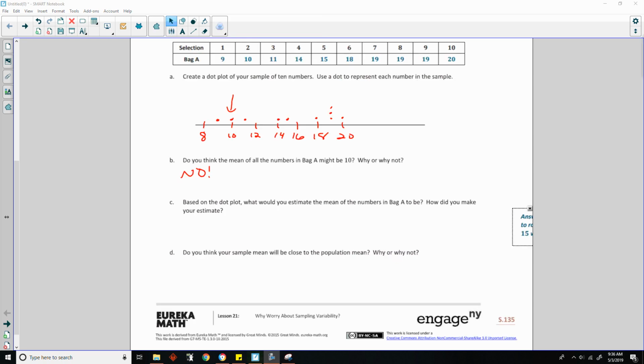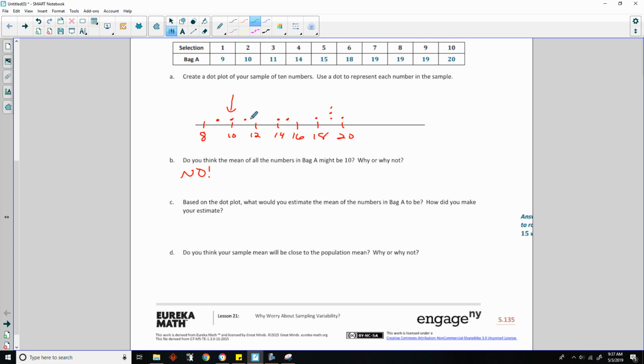Okay. Part C says, based on the dot plot, what would you estimate the mean of the numbers in bag A to be? And how did you make your estimate? So if I were looking at this dot plot, and I know that there are 10 values, the middle is somewhere over here. But these 3 19s and this 20 will pull the mean towards them.